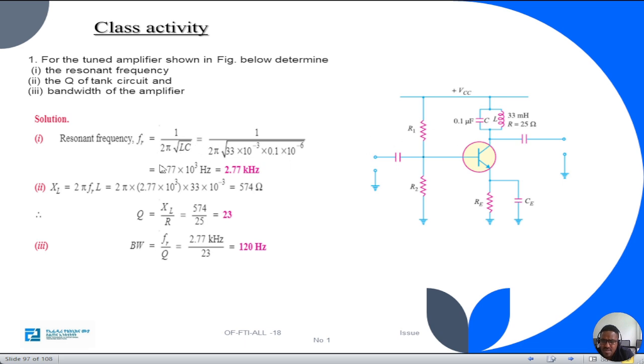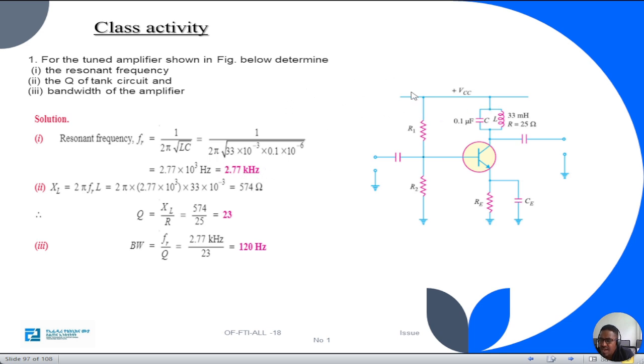With L as 33 and the capacitor as 0.1, we get 2.77 kilohertz. So the resonant frequency for this single tuned amplifier is 2.77 kilohertz.